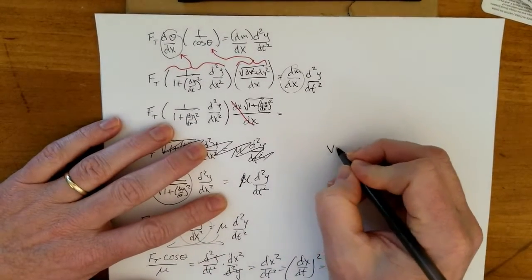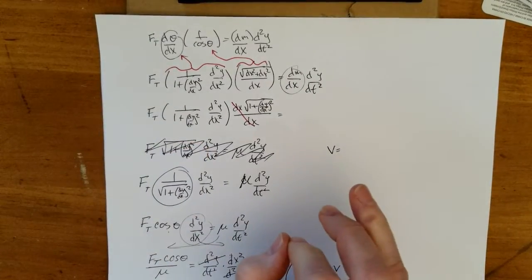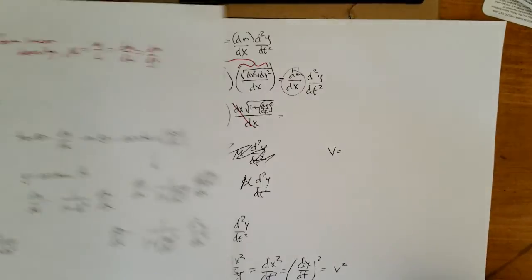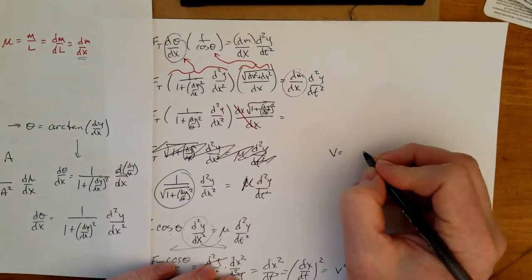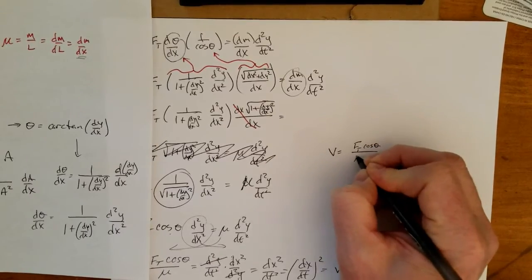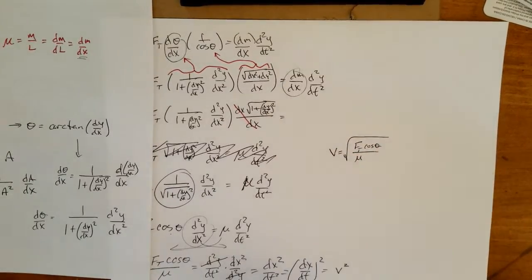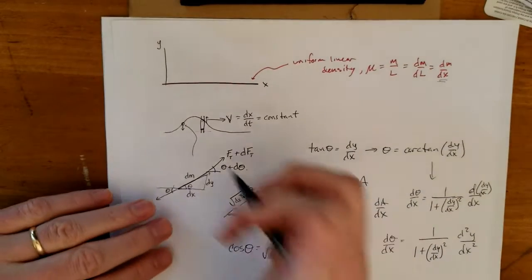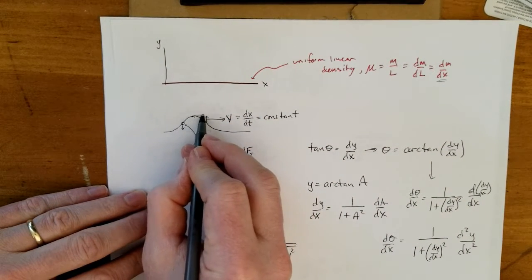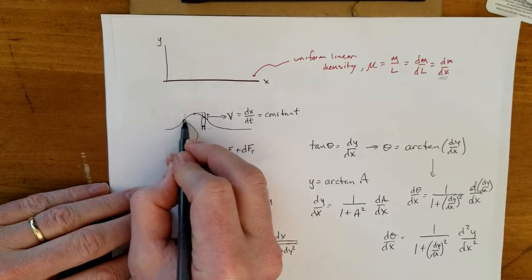And so my speed of that particle, because remember, we're ultimately finding the speed of this bit of string right here, is equal to the square root of the tension times the cosine of theta over mu. Now, the speed of the wave deals with this point right here. How fast is the wave moving at the peak here? Because this has some speeds in two different directions.